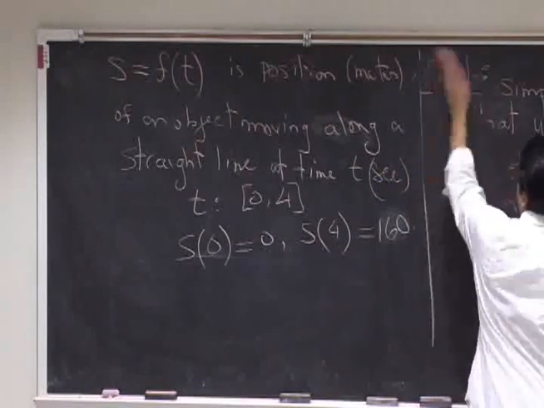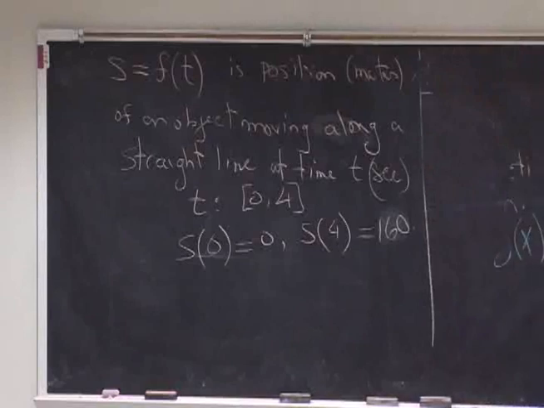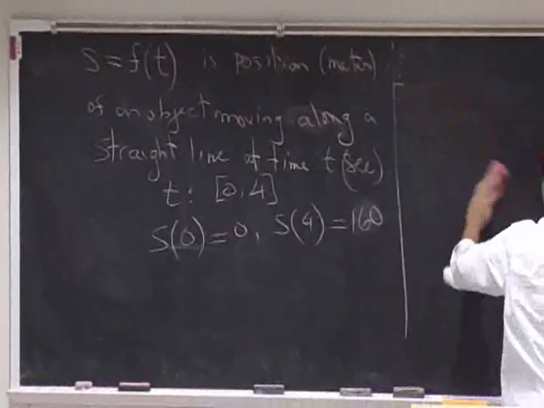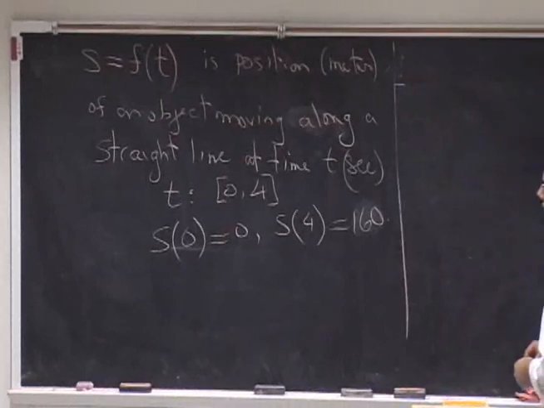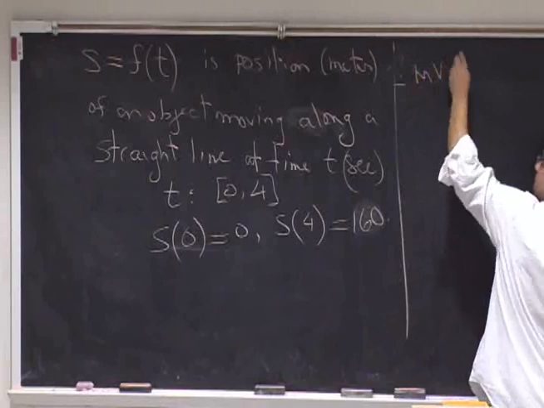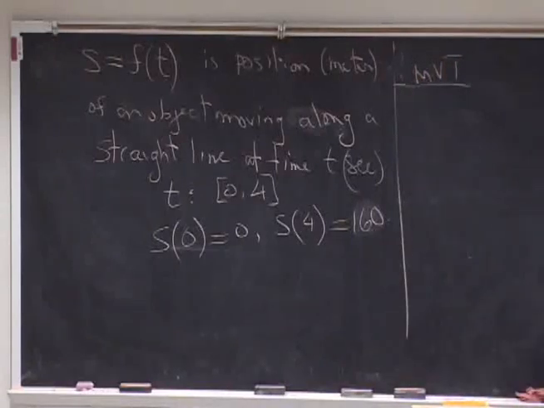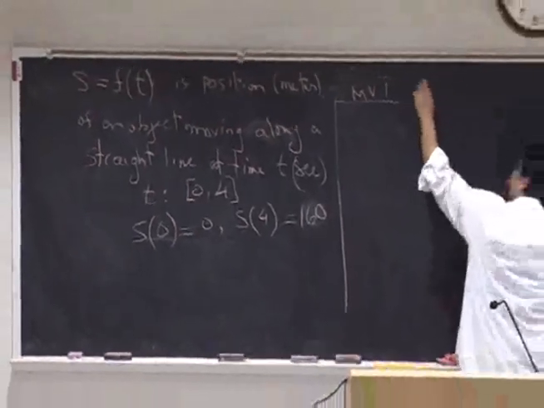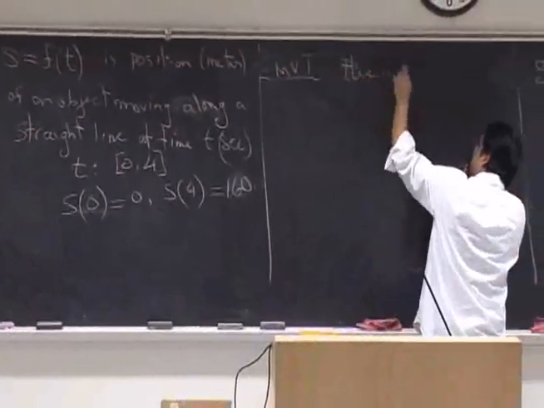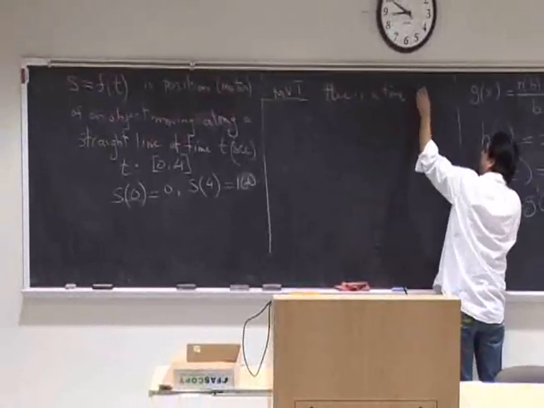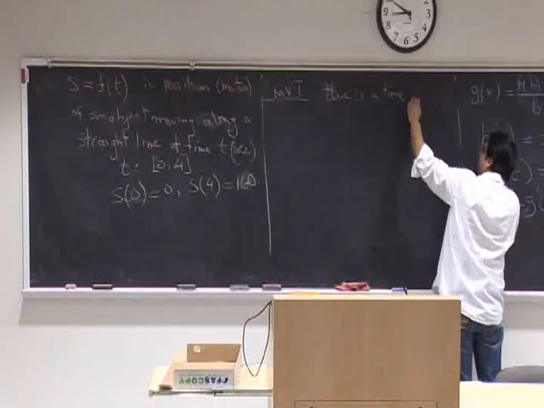Let's see what the mean value theorem says about this motion. So we have, the mean value theorem says, in assuming that this function f is differentiable and continuous on the appropriate intervals, it says that there is a time, let's not call it t, let's call it c.